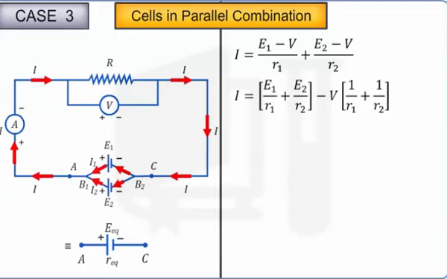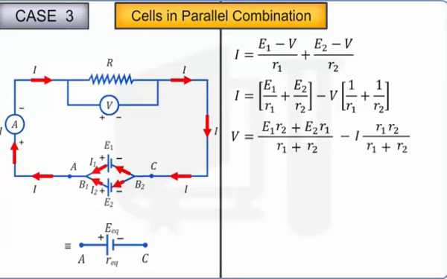By further rearranging the terms, we can write V is equal to (E1 R2 plus E2 R1) divided by (R1 plus R2) minus I into R1 R2 divided by (R1 plus R2). Let this be equation 4.